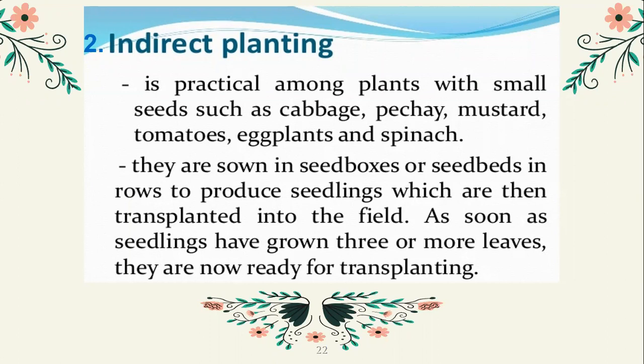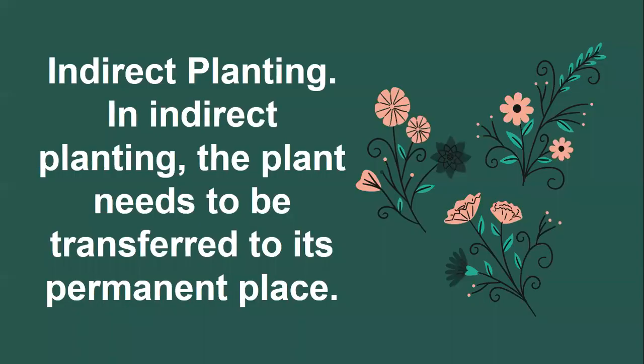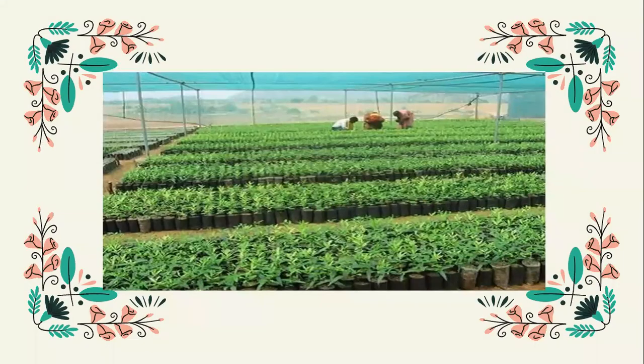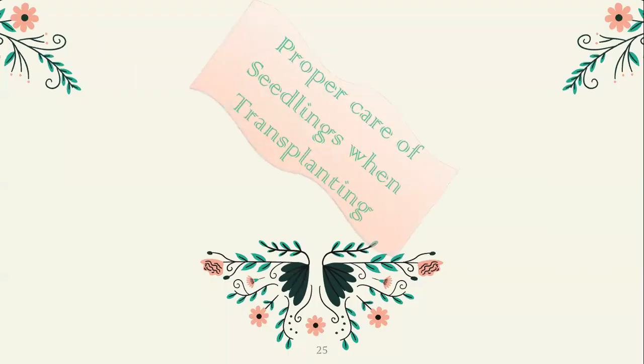As soon as seedlings have grown 3 or more leaves, they are ready for transplanting. In indirect planting, the plants need to be transferred to their permanent place. So this is how a nursery looks. You let the seedlings grow first before you transplant them to the field.